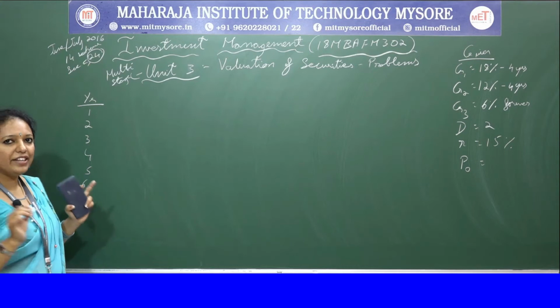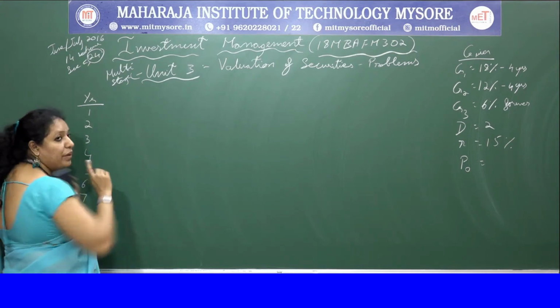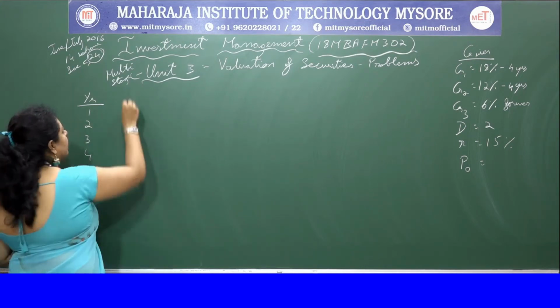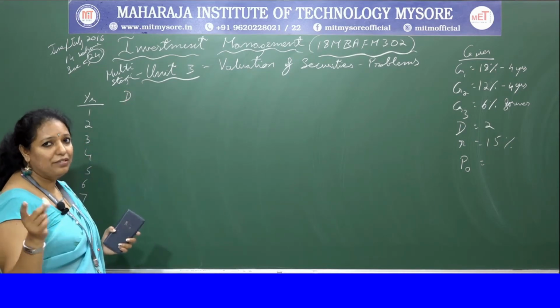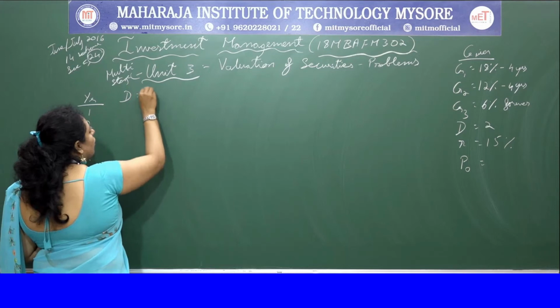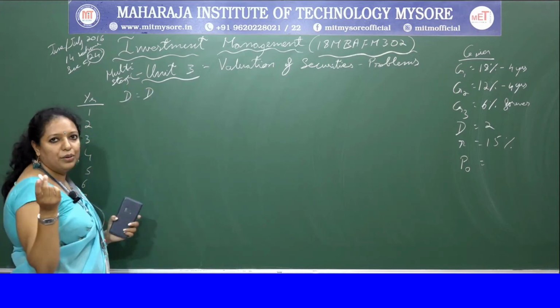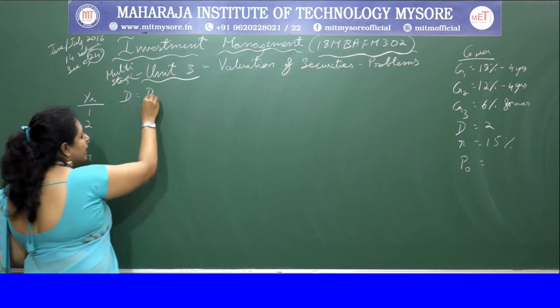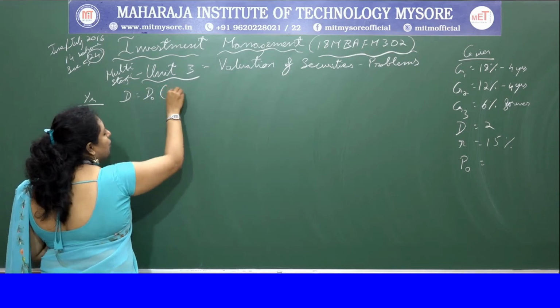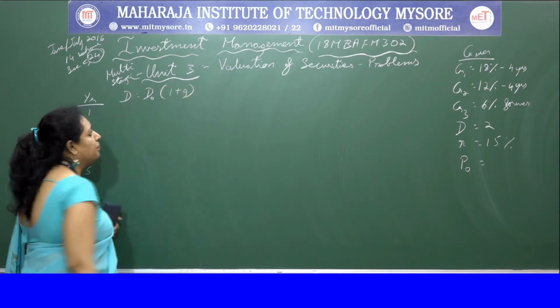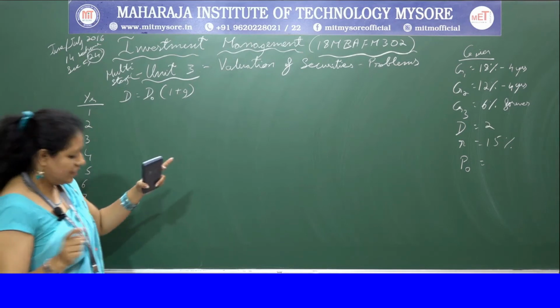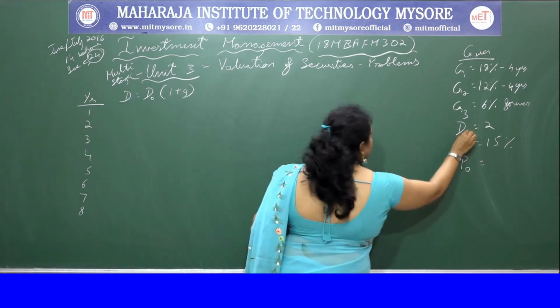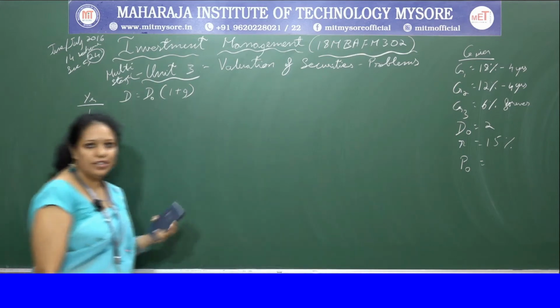For these we need to calculate the dividend using the formula D naught into 1 plus G. As of now D naught is 2.